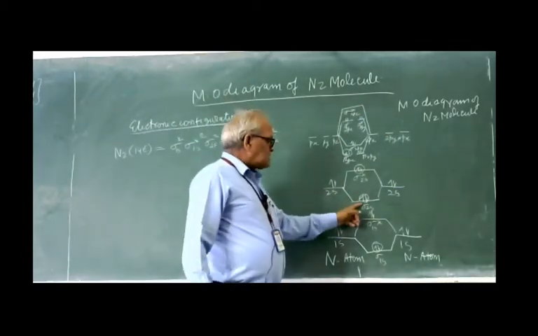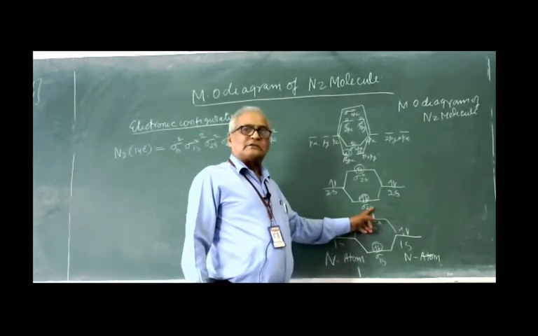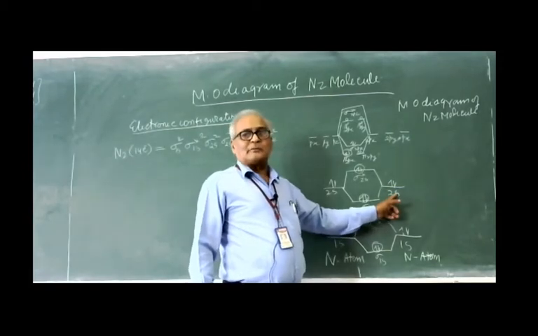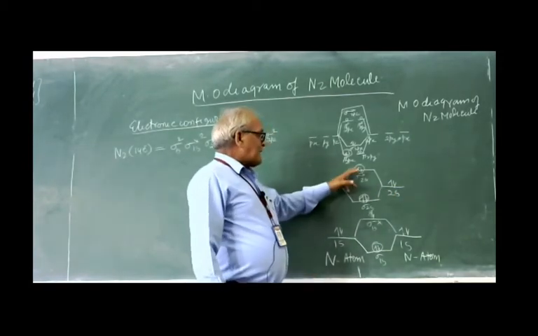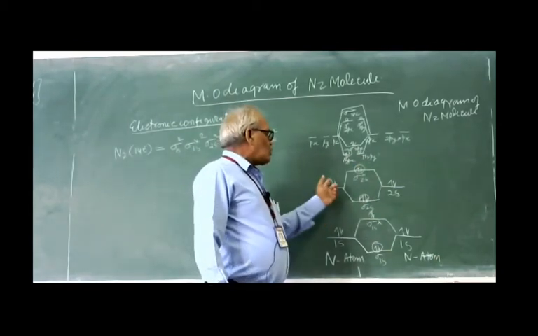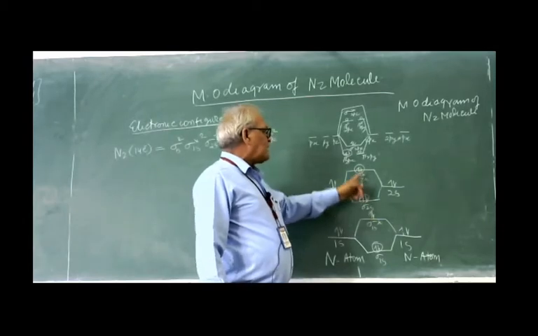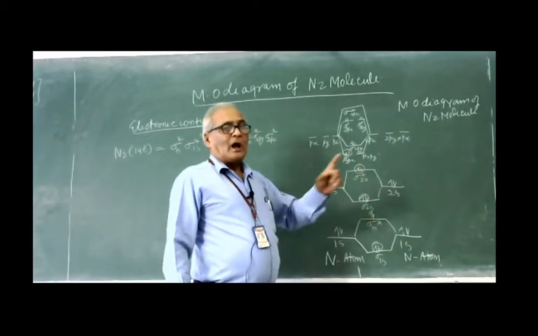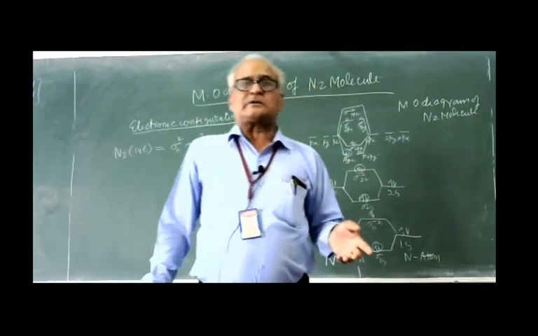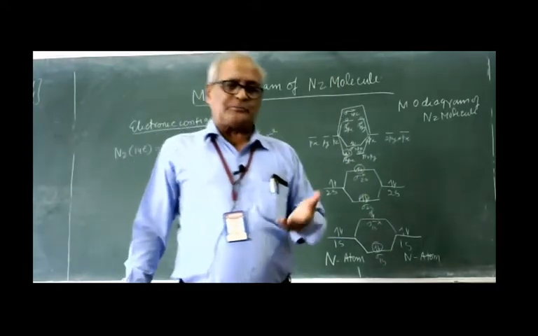So this is the sigma 2s bonding molecular orbital formed by the combination of the two 2s atomic orbitals, and this is the anti-bonding. All 4 electrons are distributed like this, 2 electrons in the bonding and 2 electrons in the anti-bonding. Always keep in mind that no molecular orbital can contain more than 2 electrons as per the Pauli exclusion principle.